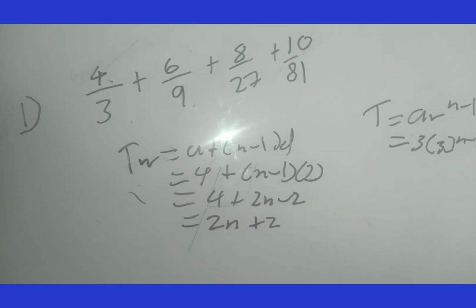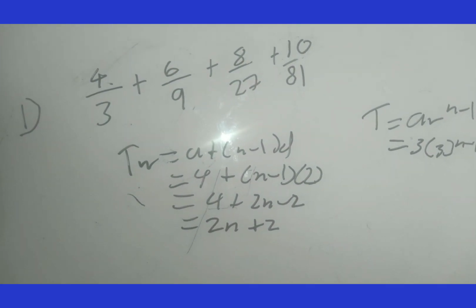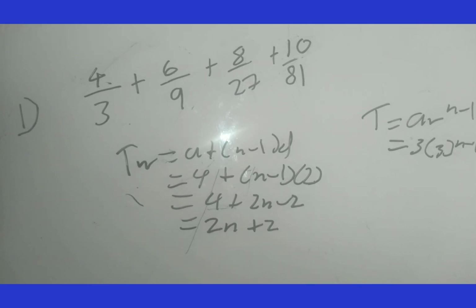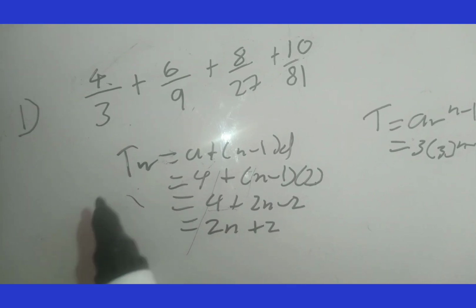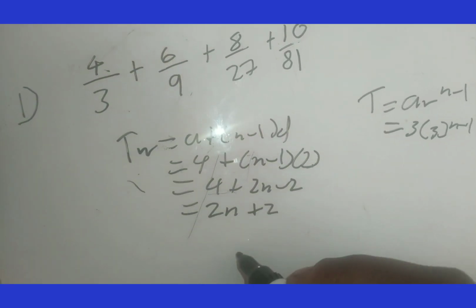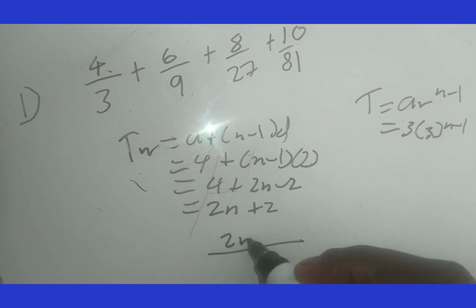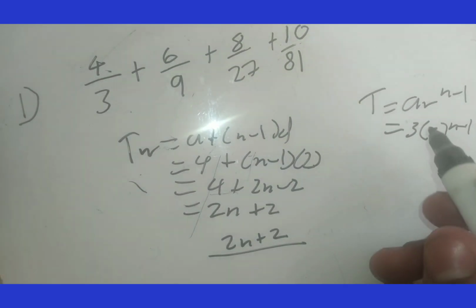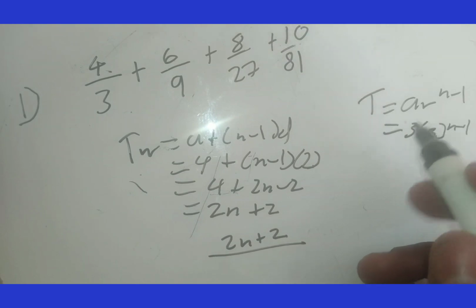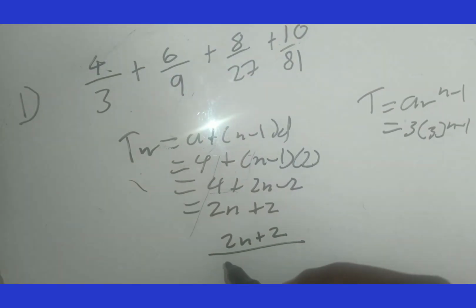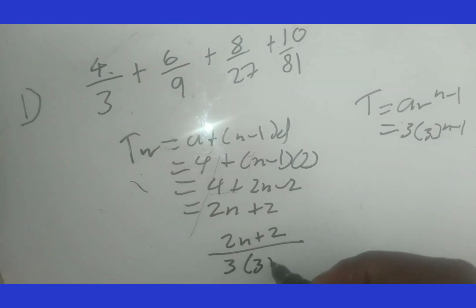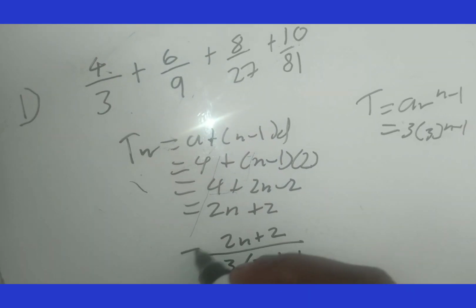Then what do we do in this case? Since it was a fraction where the numerator is arithmetic and the denominator is geometric, we have to combine them. The general formula for the numerator is 2n plus 2, and the denominator is the geometric pattern, 3 times 3 to the power of n minus 1. So that is our general formula.